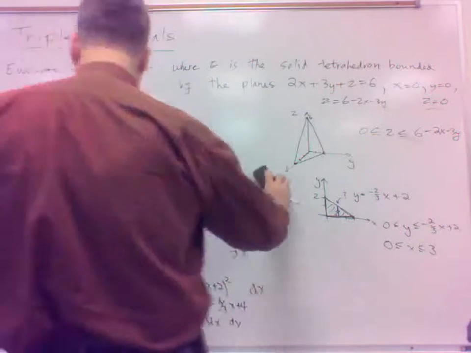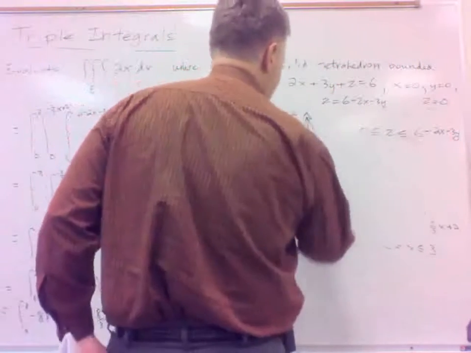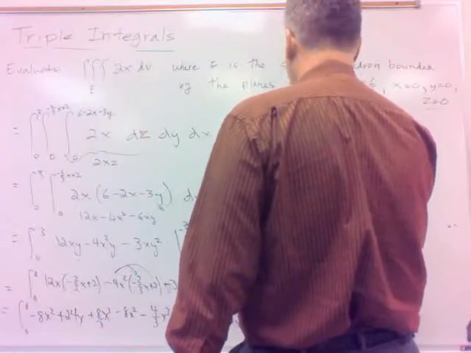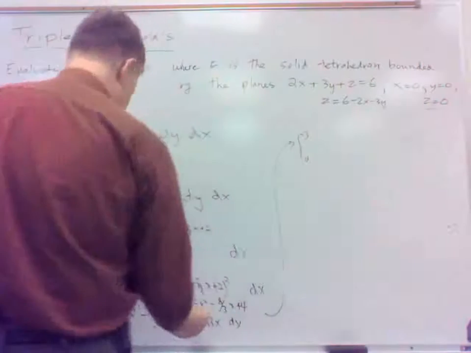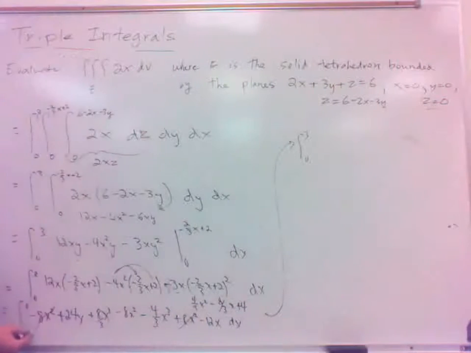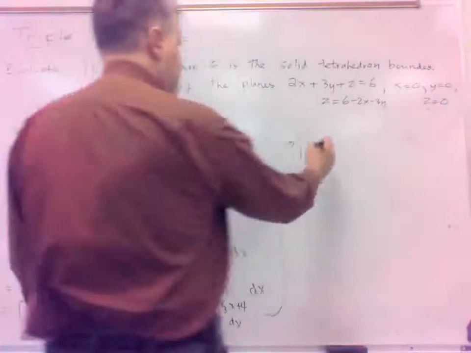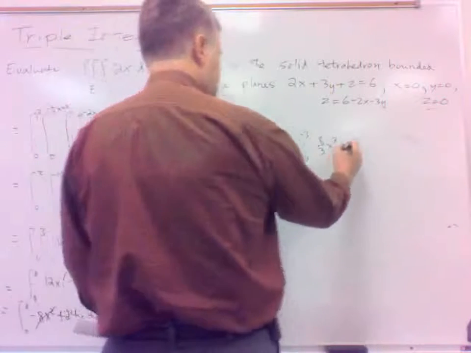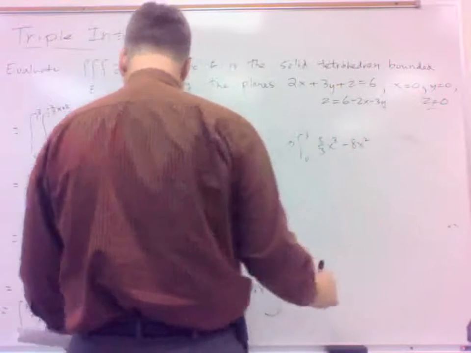I think there's some stuff we can combine here. Oh, look at that: negative 8x squared and plus 8x squared, some of those cancel out. So we've got 8/3 x cubed minus 8x squared; there's another one left though.